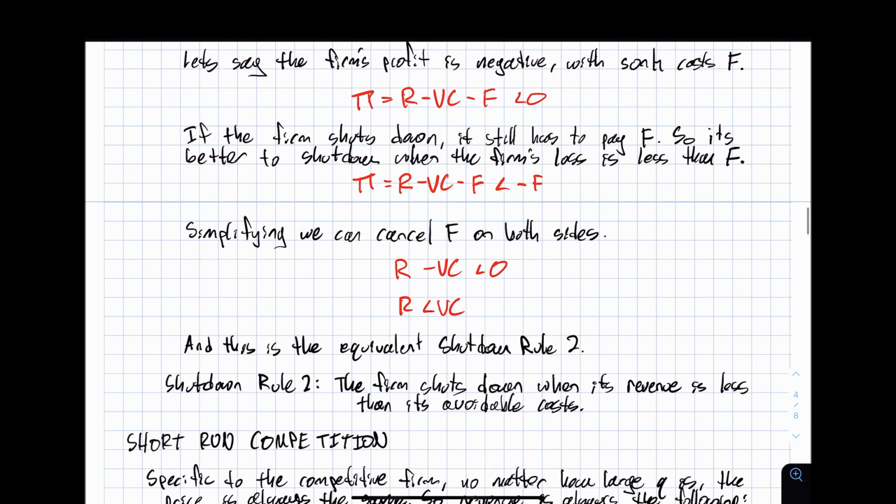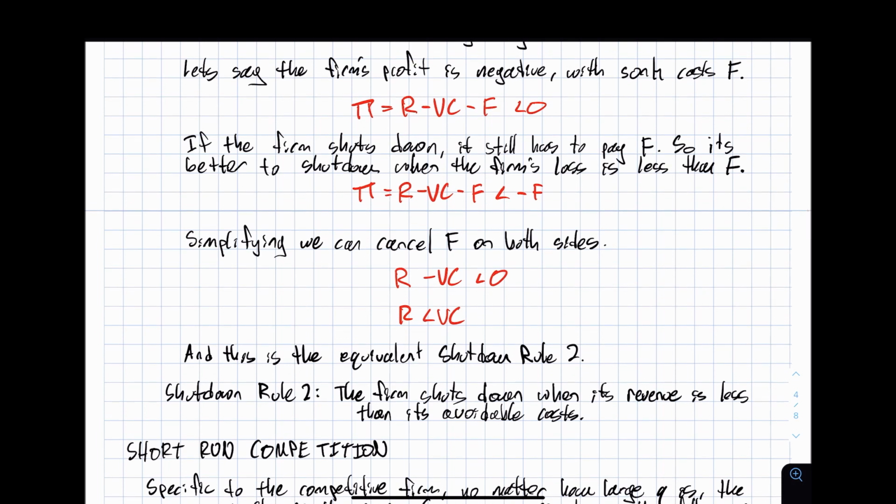So we're going to define sunk costs as F. And this is our profit equation, where we have our revenue minus our variable costs and minus our sunk costs.